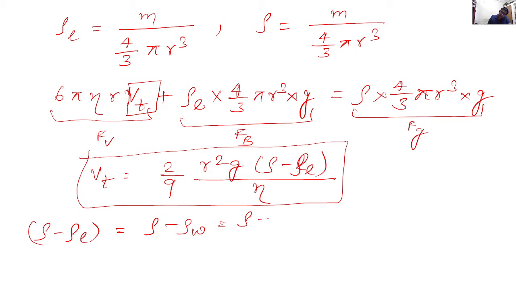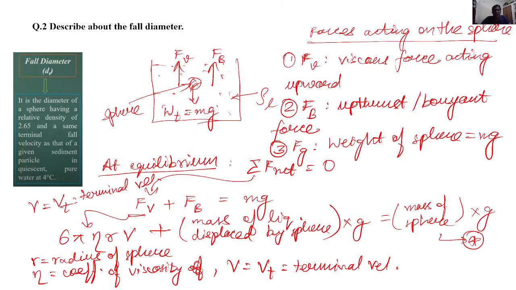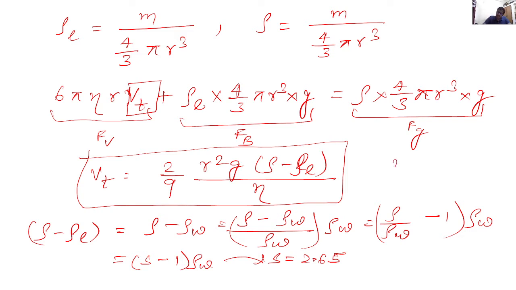Now multiply and divide both sides by the density of water. So we get rho by rho W minus 1 times rho W, and rho by rho W is nothing but the specific gravity, minus 1, times rho W. So when you put the specific gravity term as 2.65 as was given in the definition, and you put the other quantities like eta and the density of water at 4 degrees Celsius, then whatever r you get will be the fall radius.